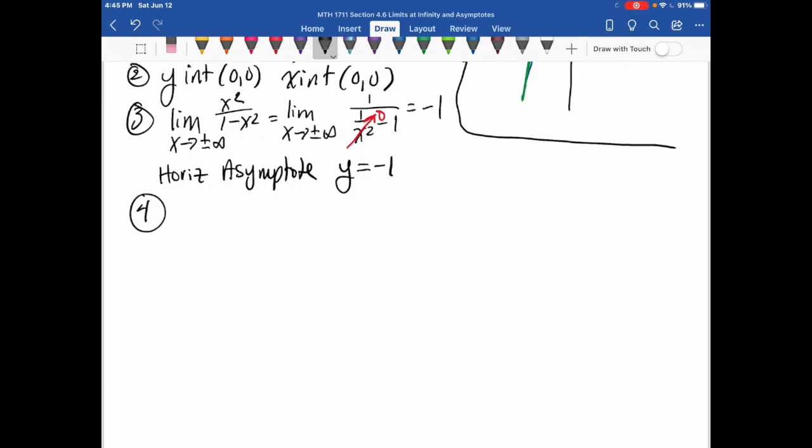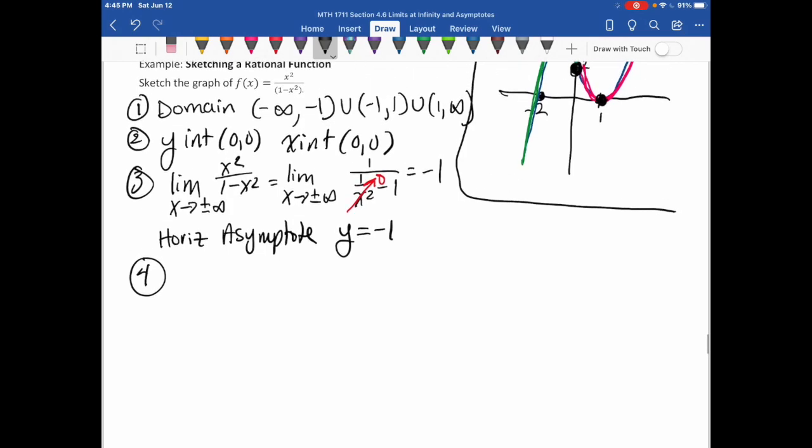Okay, step 4, we're going to try to figure out if there's any vertical asymptotes. And we can see that there's definitely going to be some vertical asymptotes at plus or minus 1, but what we need to do is figure out the direction that they're going. Is the function coming to the right or to the left of the asymptote going to positive infinity or negative infinity?